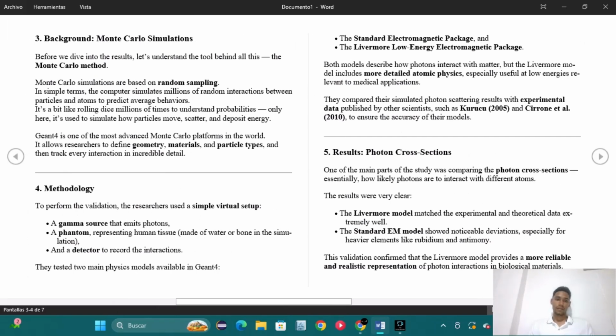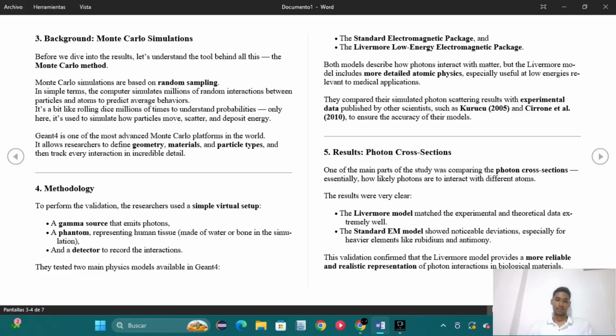Three. Background: Monte Carlo simulation. Before we dive into the results, let's understand the tools behind all this, the Monte Carlo method. Monte Carlo simulations are based on random sampling.